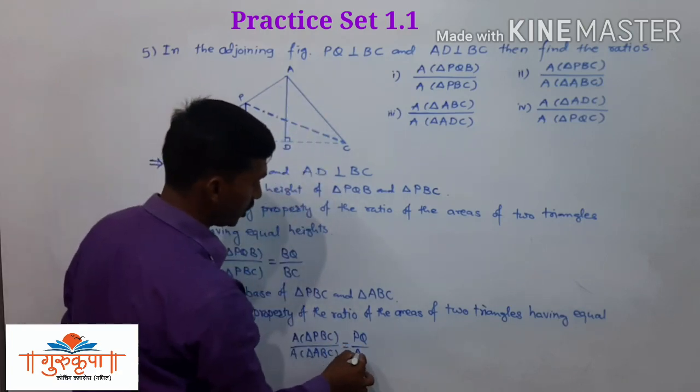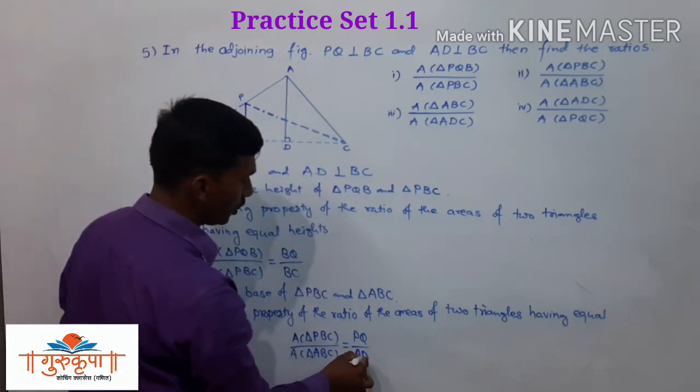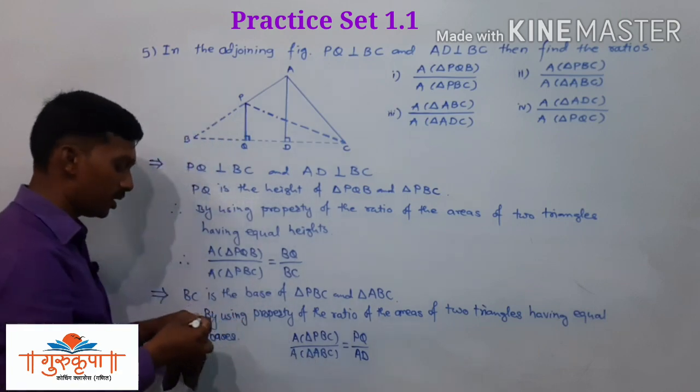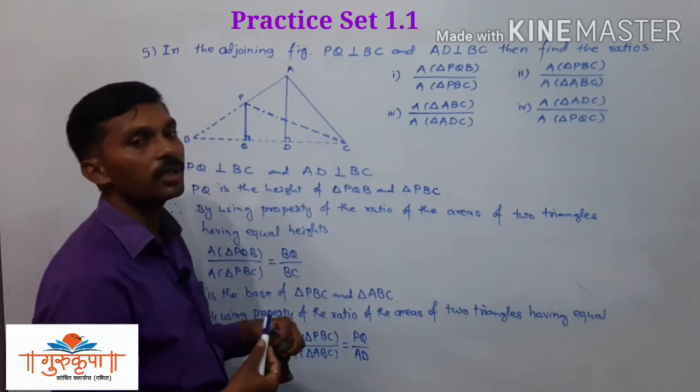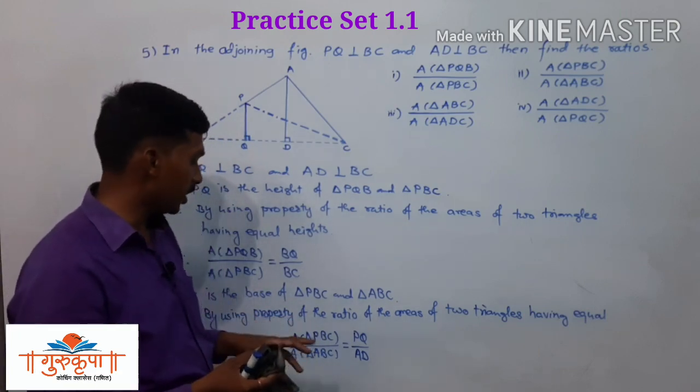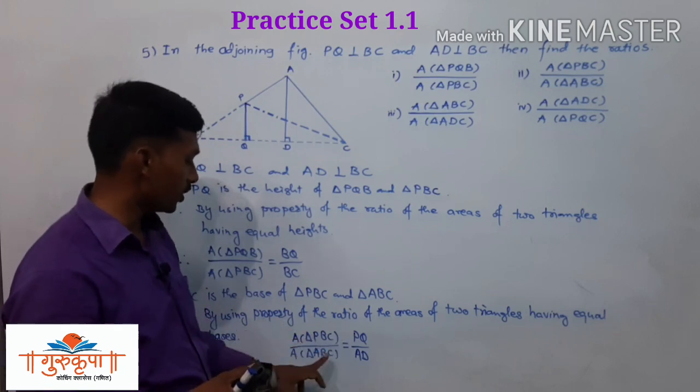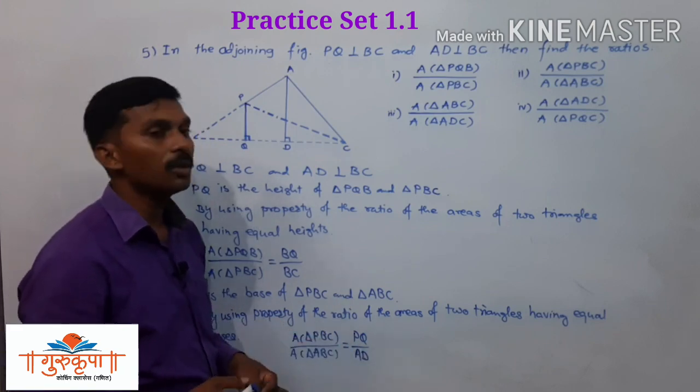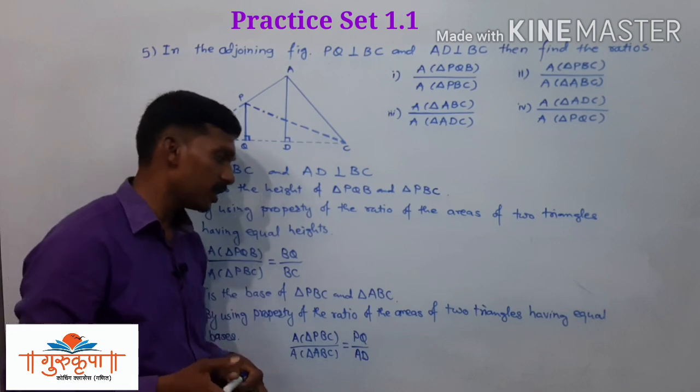So the correct answer is PQ upon AD. That is, area of triangle PBC upon area of triangle ABC is equal to PQ upon AD.